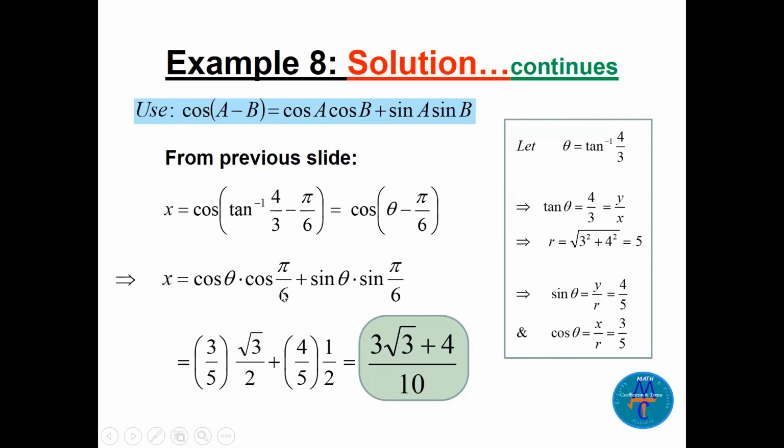Cosine pi over 6, see that's 30 degrees, will be square root of 3 over 2. Sine of the theta, it is there 4 over 5. And sine of the 30 degrees will be half. So the answer will be, this is x value, 3 square root of 3 plus 4 divided by 10.